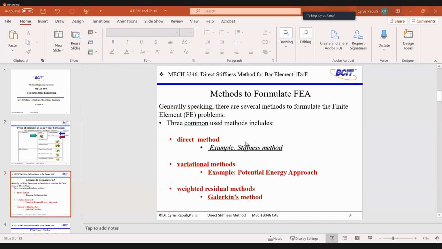Okay, this is what we have in chapter 4. Direct stiffness method is the method that we are going to use to solve finite element problems. Now, in chapters 2 and 3, when we talked about solid elements, we never talked about those kinds of equations.